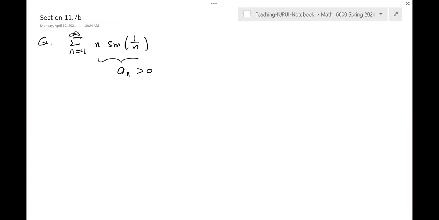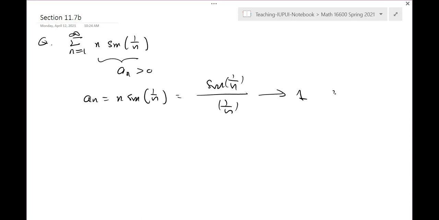By simple observation, I see that this is going to be sine of 1 over n divided by 1 over n. So these two are the same, and actually the limit is going to be 1 as n approaches infinity.